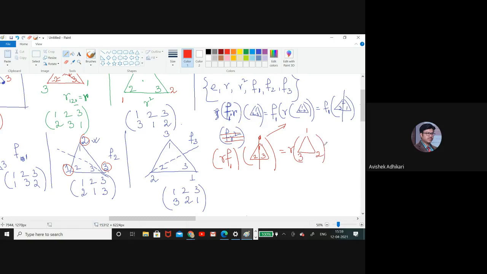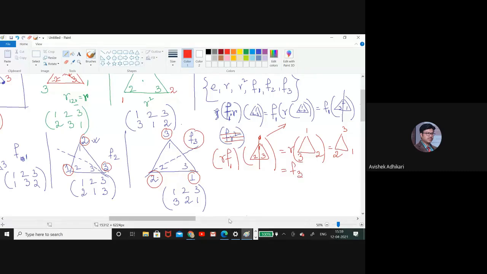Okay, and if I just rotate it through an angle of 120 degrees, then 3 will come here, 1 will come here, and 2 will come here. Now let us see what it resembles. It resembles F3. The same thing here, 3, 1, 2. That means R of F1 must be the same as F3.